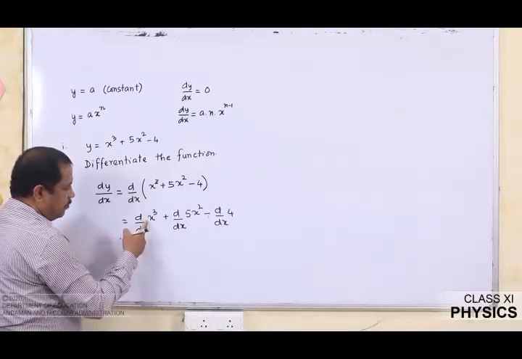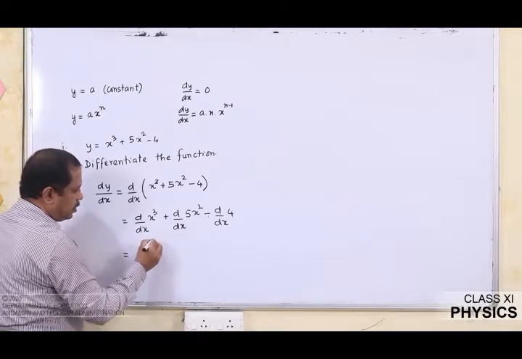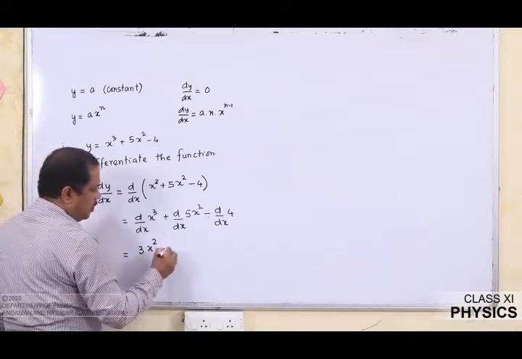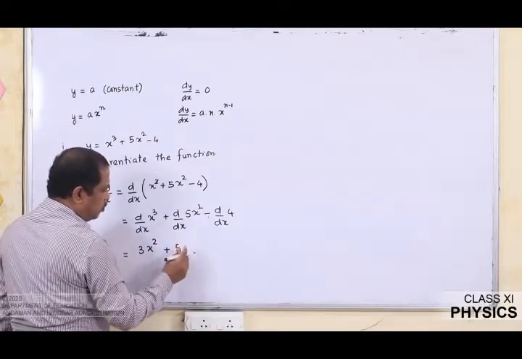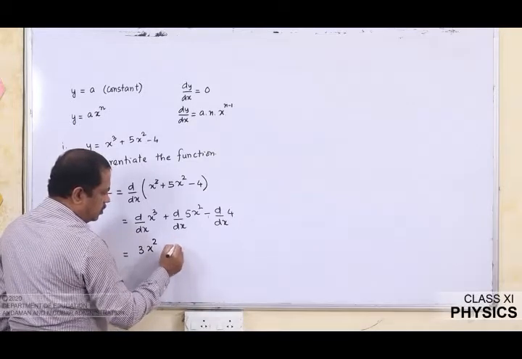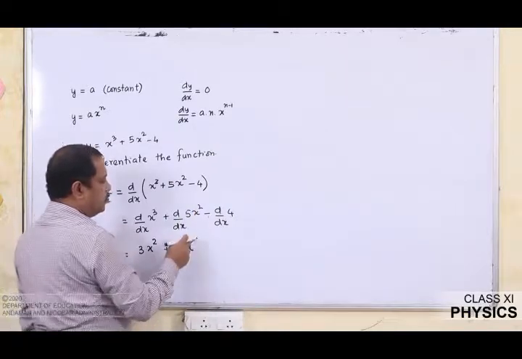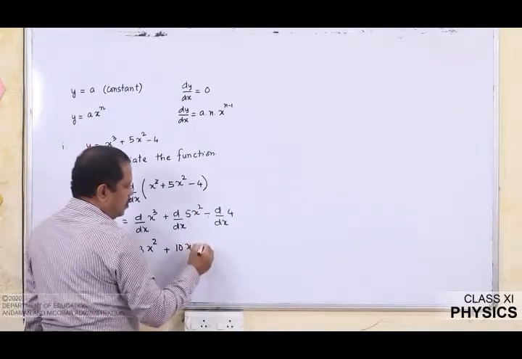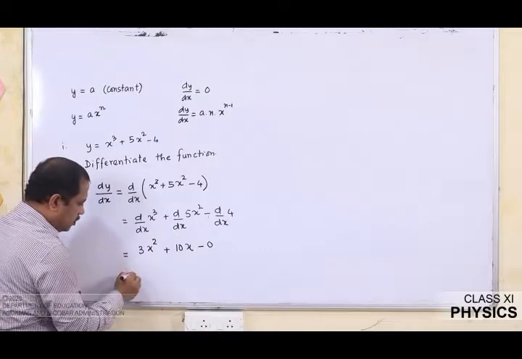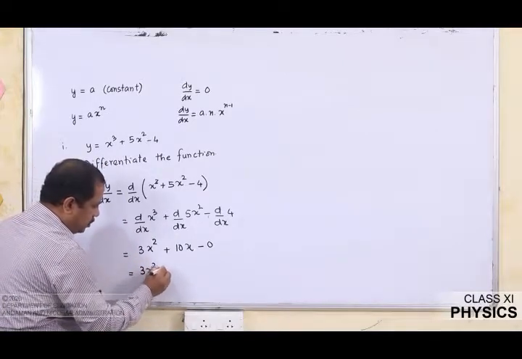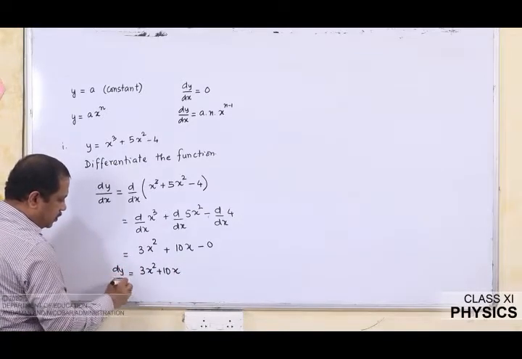Now we know here coefficient is 1, and 1 times the power, which is 3, x power 3 minus 1 leads to 2, 3x square, plus 5, coefficient, power is 2, 5 times 2, which is going to be 10 times x power 2 minus 1, which is 1, so I am not going to write anything here. Minus, I know that differentiation of a constant is 0. So this is nothing but 3x square plus 10x. So this is the differentiation of the function given to me.